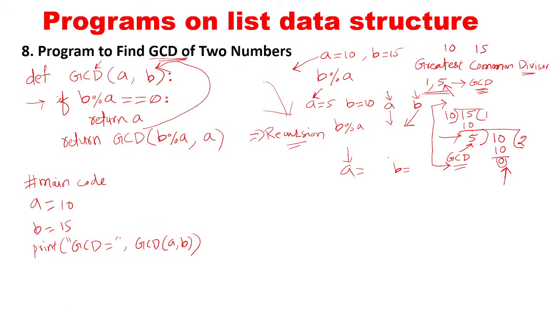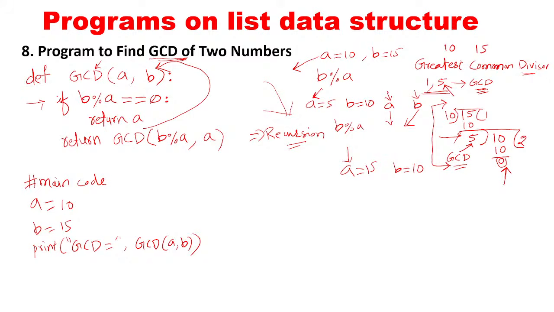Now, if I give A is equal to 15 and B is equal to 10, what happens in our code? The biggest number must be divided by the smallest number, otherwise you will get the quotient as 0.